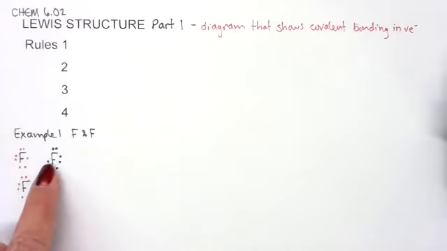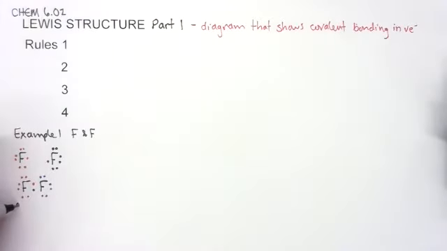By sharing this single electron that they have, they now have created a molecule of diatomic fluorine, where each atom has a valence of 8.